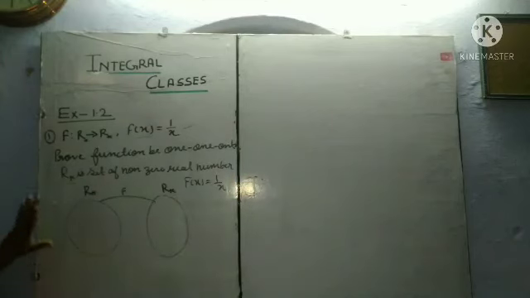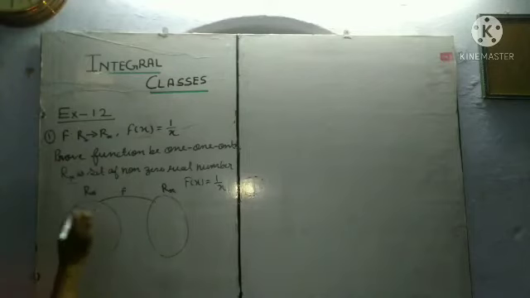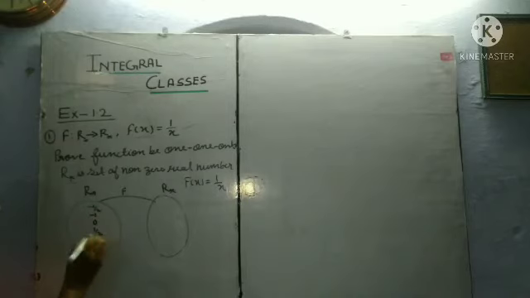Now we know that real numbers are a larger set containing all positive, negative, rational, irrational numbers. But here, if we take some numbers, let us choose -1/2, -1, 0, 1/2, 1 and suppose 2.